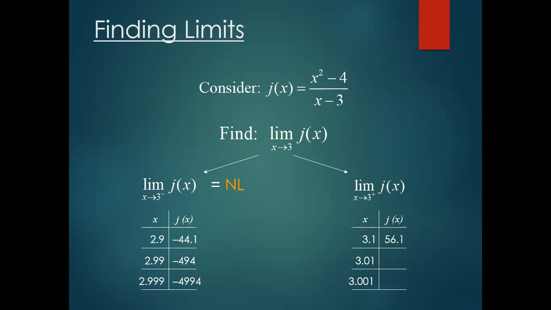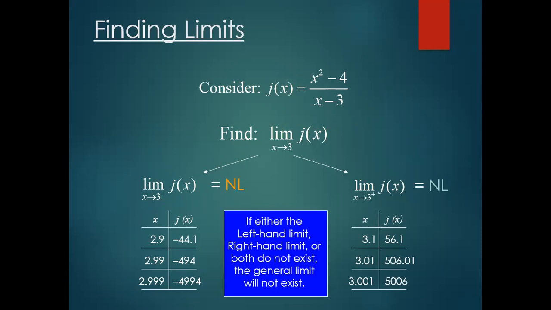On the right side, 56.1, 506.01, they are different. So it does not exist. If either the left-hand limit or the right-hand limit does not exist, then automatically the general limit will not exist. Even if only the left does not exist or only the right does not exist, it automatically does not exist.